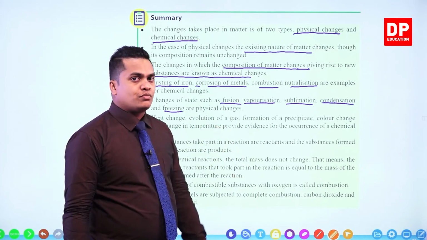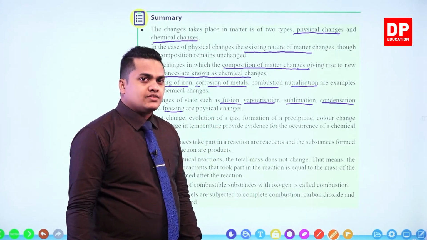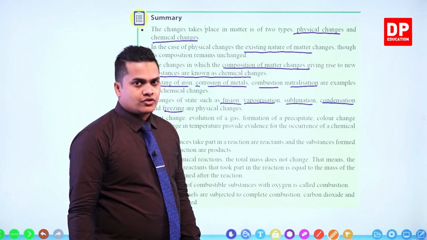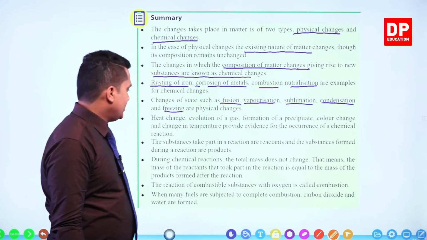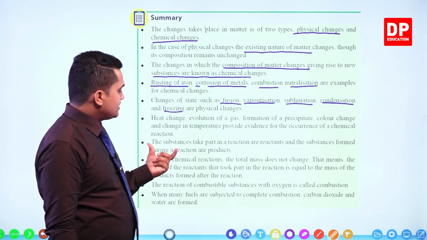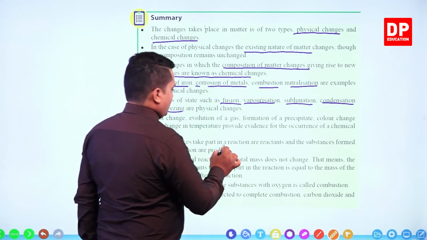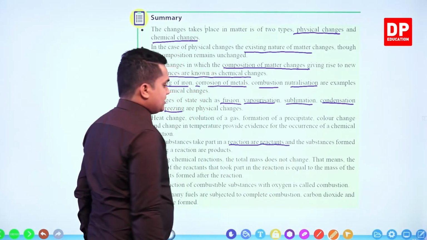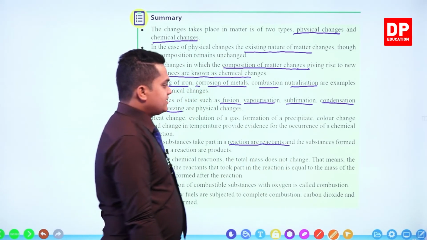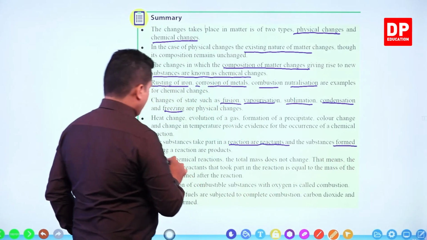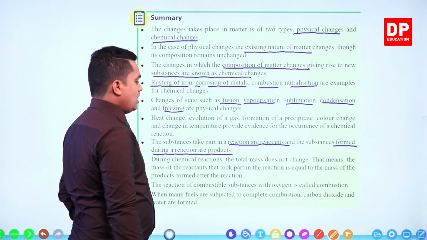These provide evidence to support a chemical reaction. Then, the substances that take part in a reaction are reactants. Reaction means chemical change, and the substances formed during a reaction are products.